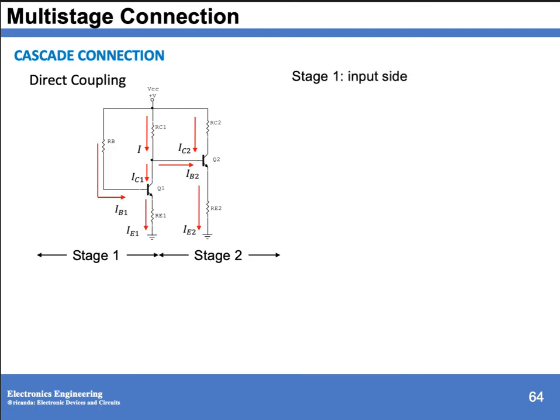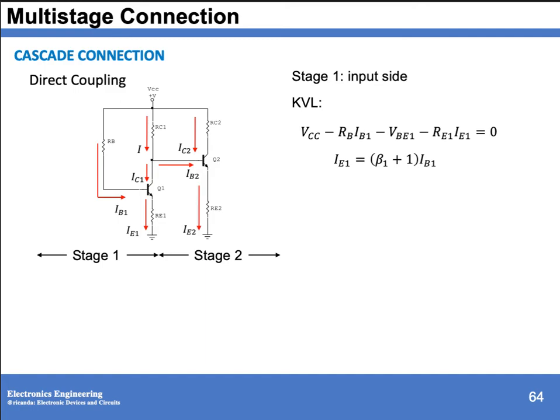So at the input side, using KVL, we have VCC minus RB times IB1 minus voltage base emitter 1 minus RE1 times IE1 equals 0. And we have to express your IE in terms of IB, so we have IE1 equals beta 1 plus 1 IB1.